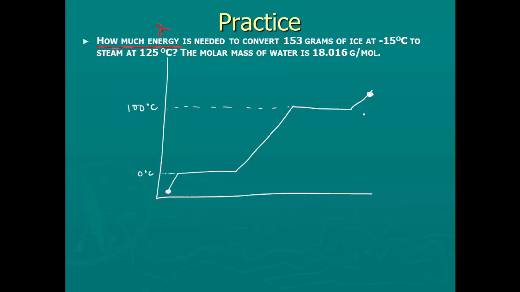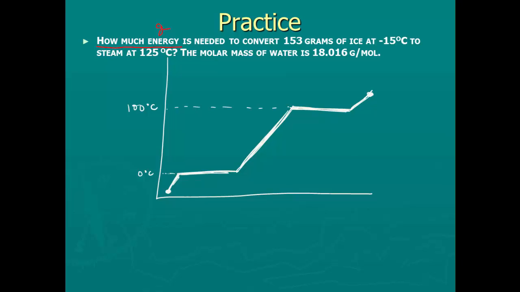So we actually have 5 sections of calculations to do. The first section is heating the solid. The second section is going to melt it into liquid. Then we're going to heat the liquid. Then we're going to vaporize the liquid.